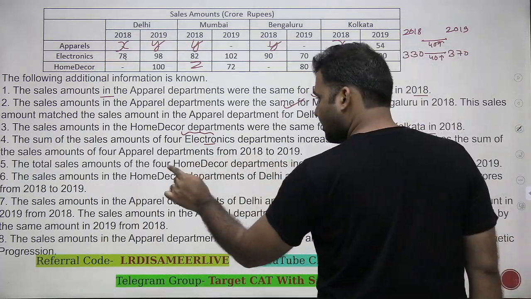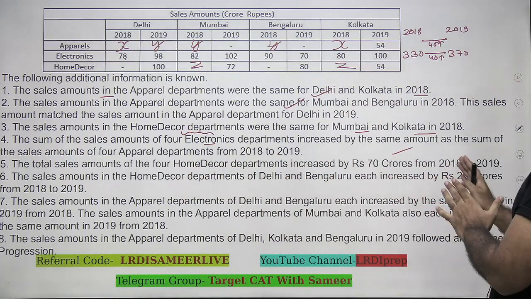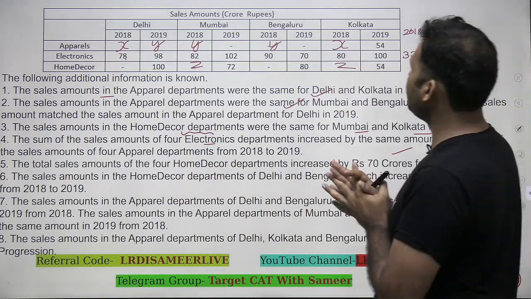The total sales amount of the 4 home decor departments increased by 70 crore from 18 to 19.